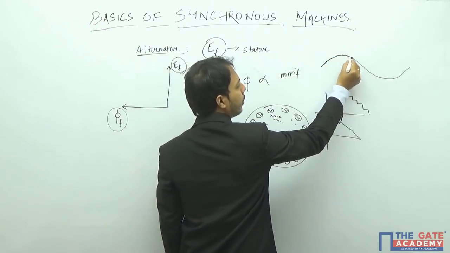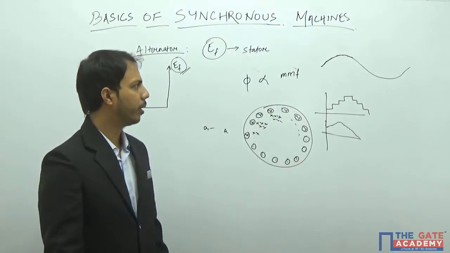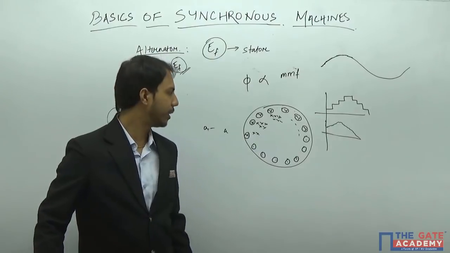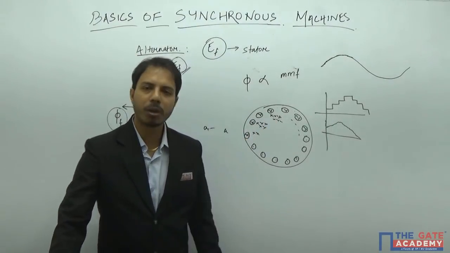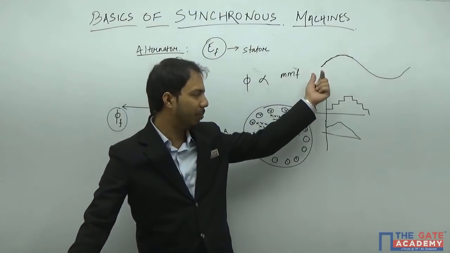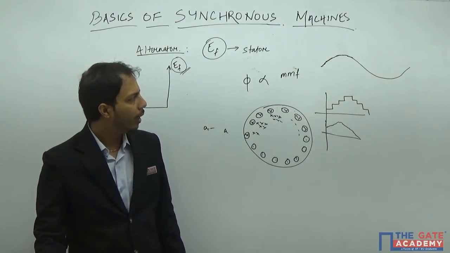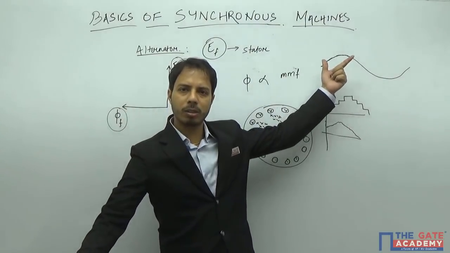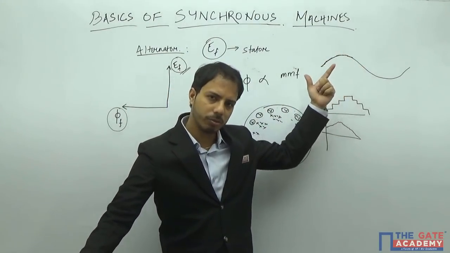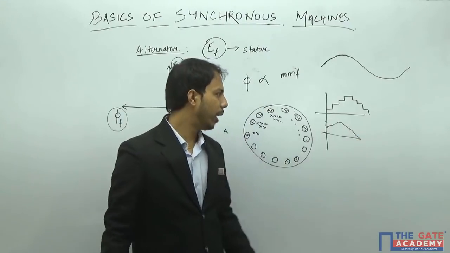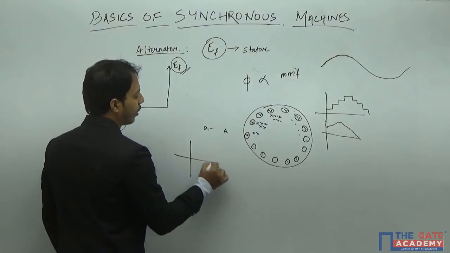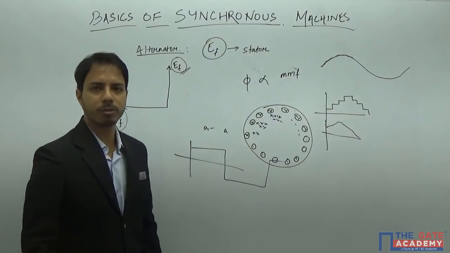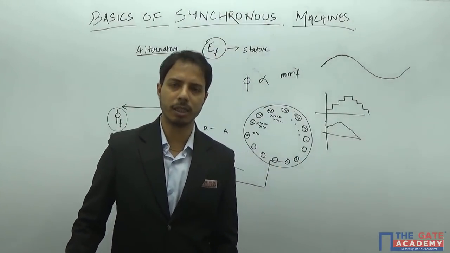As the number of slots increases, and the number of turns also increases, this step size will reduce, and we can achieve somewhat, not completely, sinusoidal flux. And this is way better than the earlier square type of flux which we had.